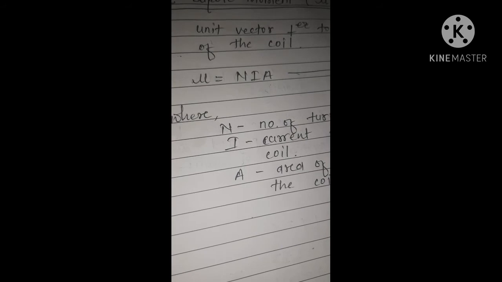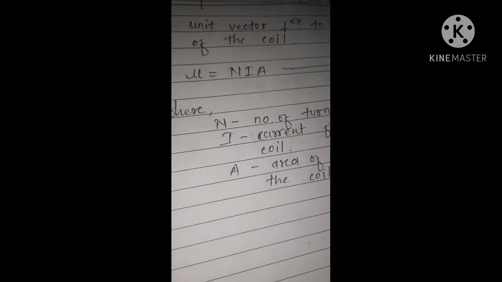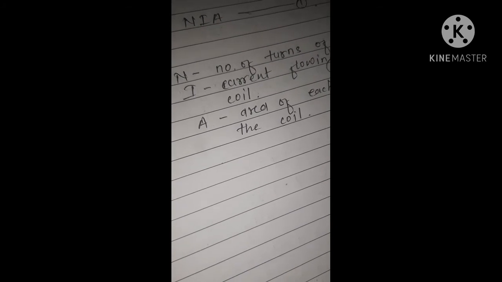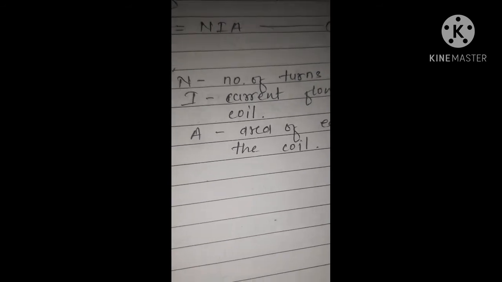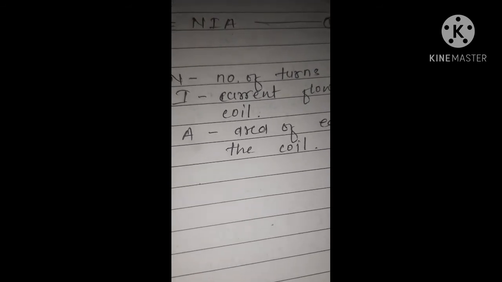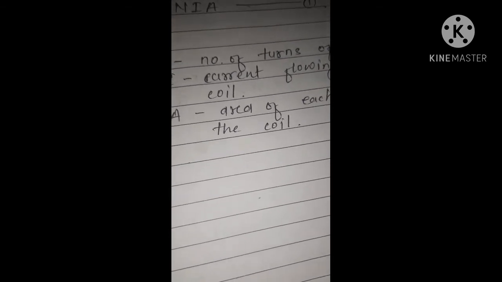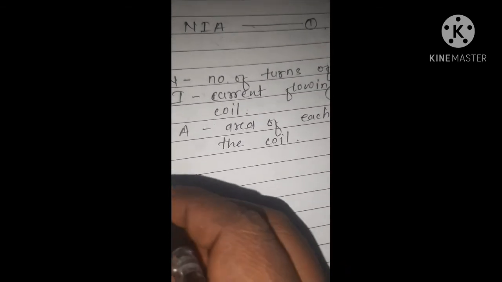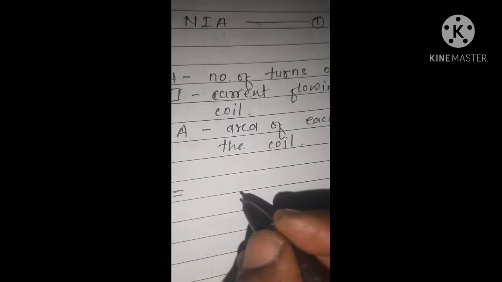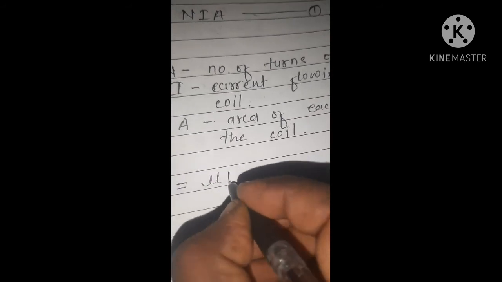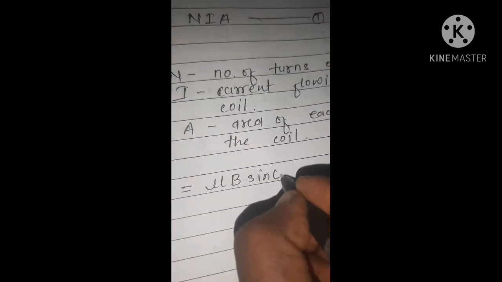If such a current carrying coil is placed in or suspended in a uniform magnetic field, then the coil is acted upon by a torque, and that torque is given by mu B sine theta.